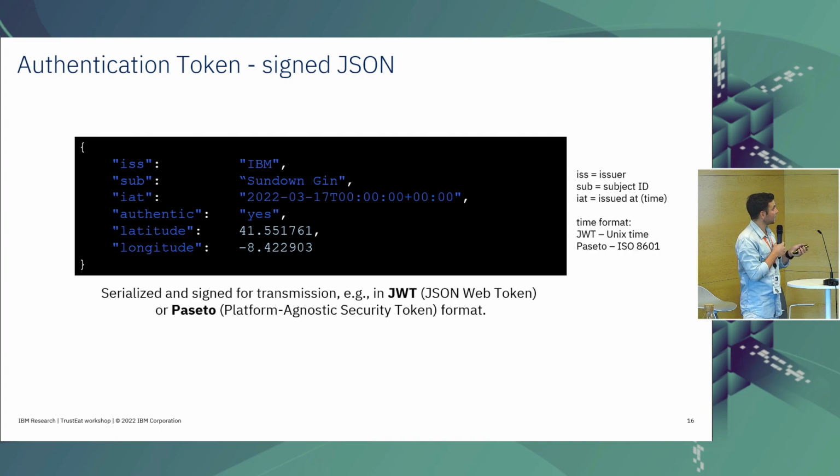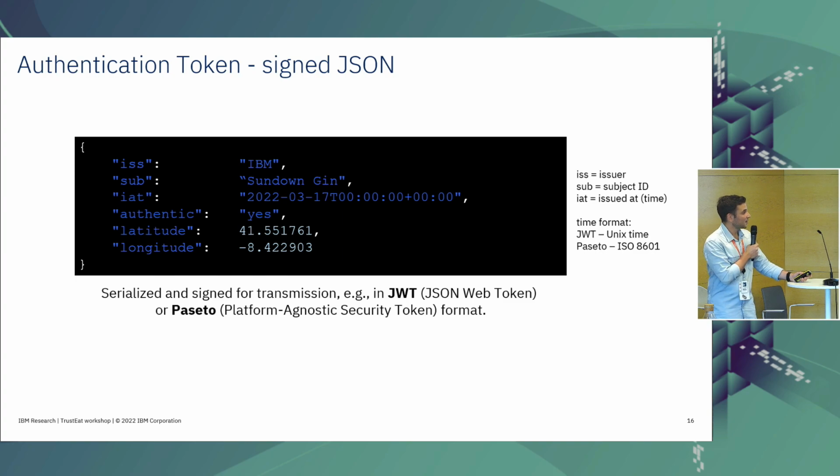So we have, of course, an ID related to the issuer and to the subject, so to what we measure, and the time at which the analysis was performed. Depending on the JWT or Paseto standard, we have different ways in which this needs to be specified. But all of this is necessary and required in order to then go to the final authentication result.